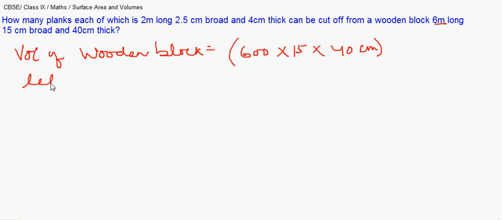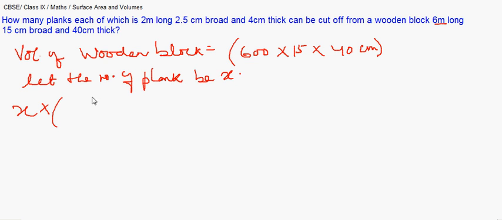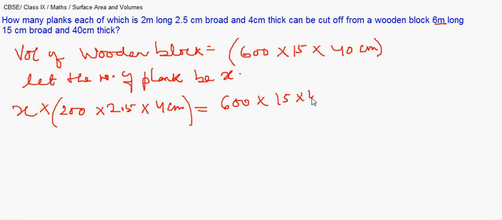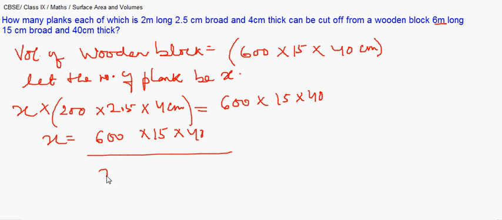So let the number of planks be x. So x multiplied by the volume of each plank, 200 centimeter by 2.5 centimeter by 4 centimeter, is equal to 600 into 15 into 40. So x will be equal to 600 into 15 into 40 by 200 into 2.5 into 4.